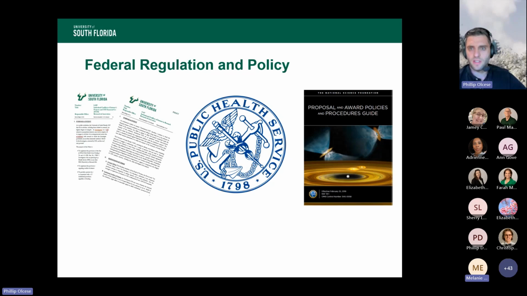Federal regulations and policies. The two big USF policies are Policy 309 and 317, which cover individual and institutional conflicts of interest in research. We also follow PHS guidelines and regulations, specifically 42 CFR Part 50, Subpart F, and 45 CFR Part 94, which is objectivity in research.